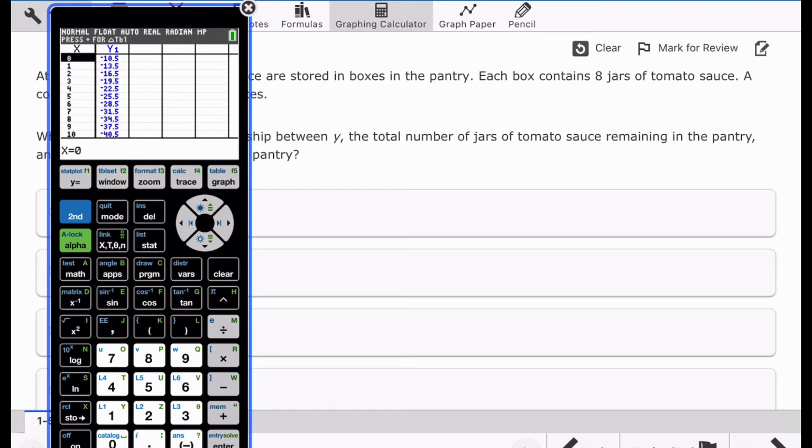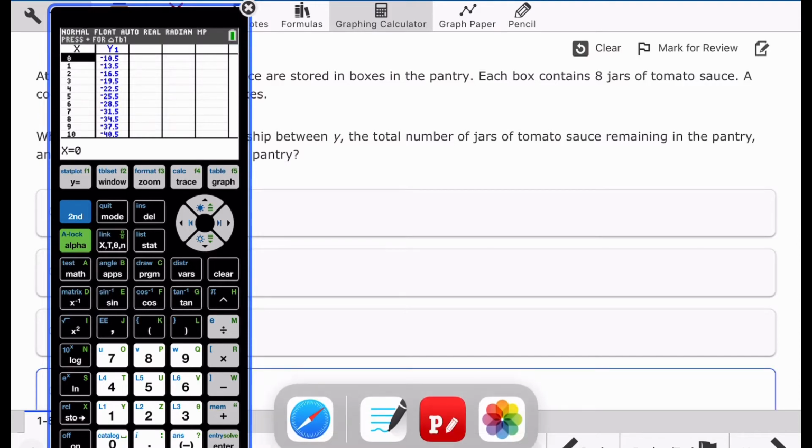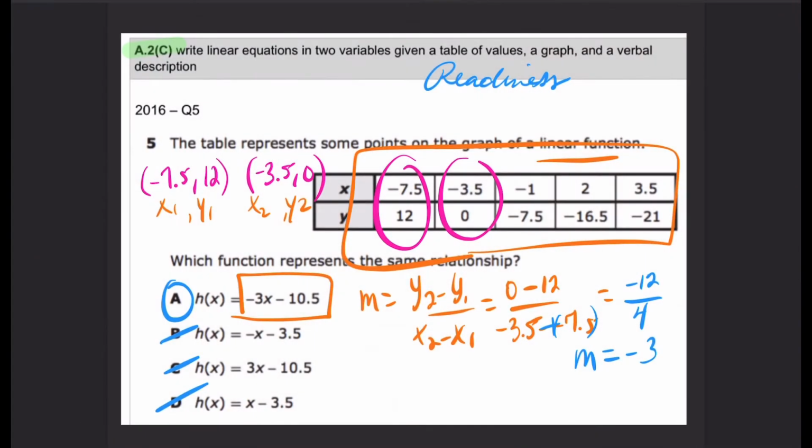The only points that will be on that calculator table are the x values that are whole numbers. So let's look for negative 1 comma negative 7.5 and 2 comma negative 16.5.